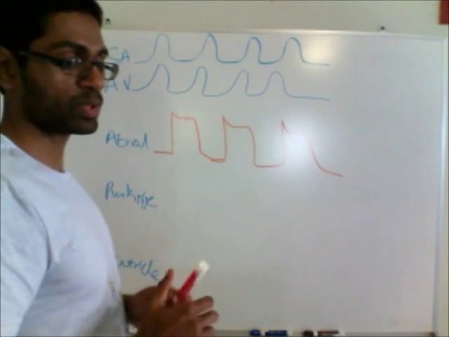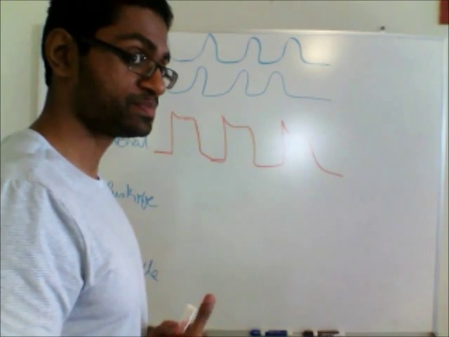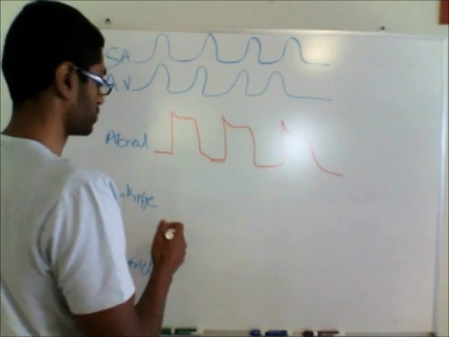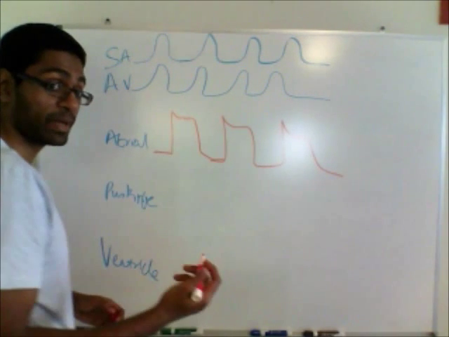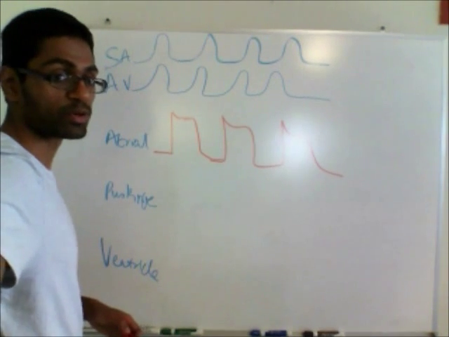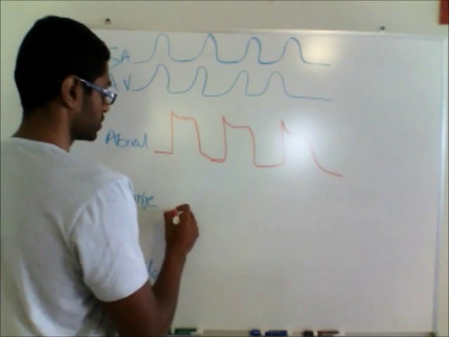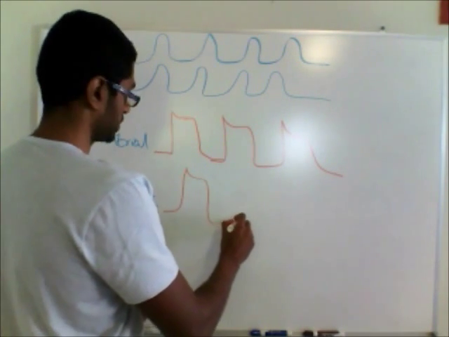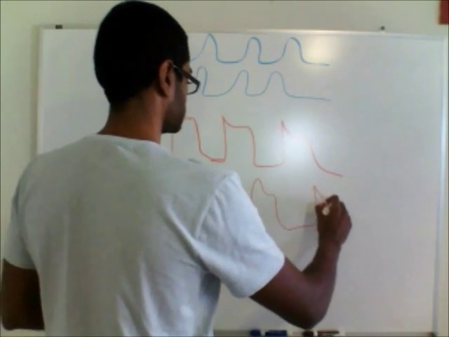And now, remember, what did we mention about the Purkinje cells? Were they slow or fast? Fast, right? So the Purkinje cell would have a very similar profile to the atrial cell, but it's also automatic. So it would have a similar profile to SA as well. So it would be some sort of hybrid. So we slowly creep up, and then we have this spike, plateau, come back down, creep up, spike, plateau, come back down, creep up, spike.